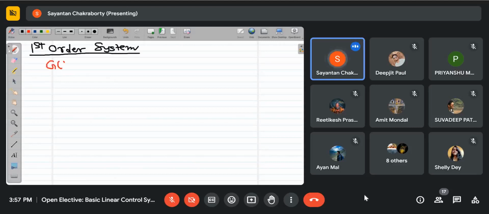So we have G(s) as 1 by (Ts plus 1), where T is a time constant. Now this can equivalently be represented as R(s), as we have seen in the passive RC circuit.